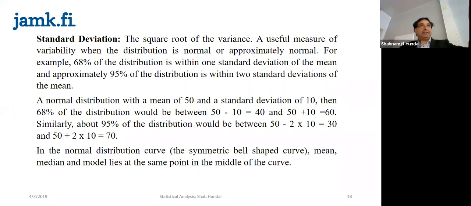So we have data and 95% of the data is fully cohesive, fully linked to one another. Only 5% is going out of this range. Then we can say that the standard deviation of the given data is low. So there's nothing to worry about.